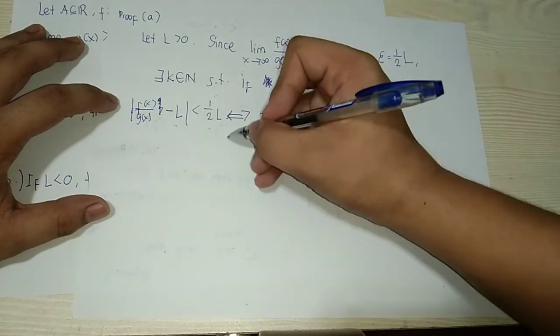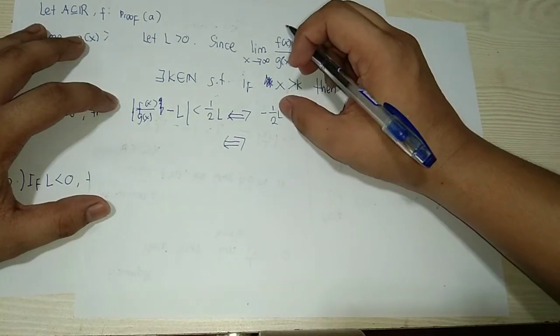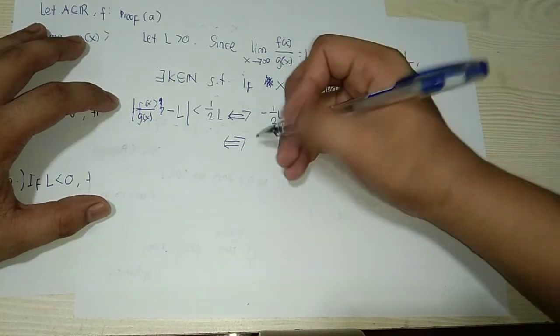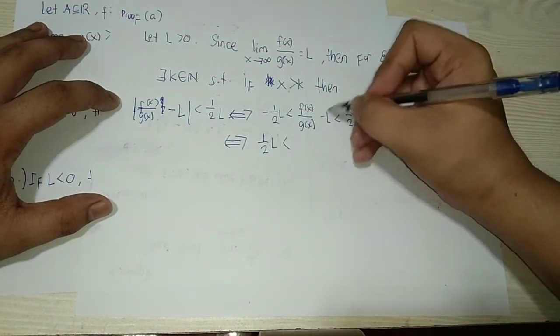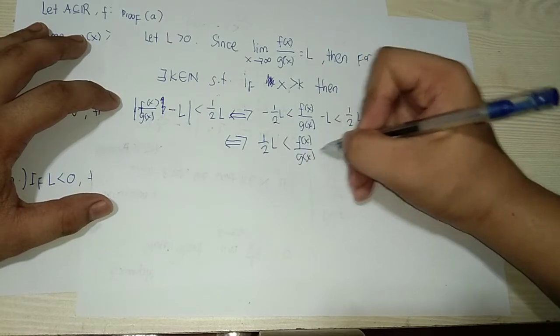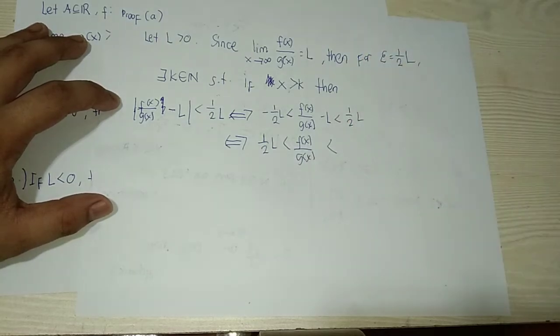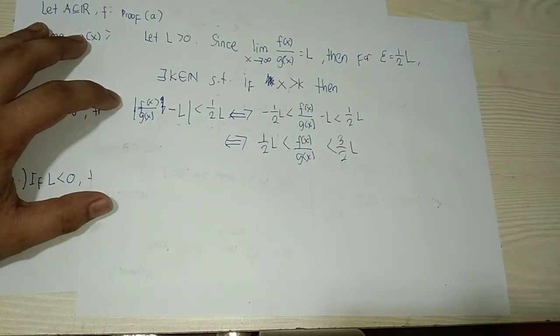L plus negative 1/2 L is 1/2 L. The negative L cancels out, leaving f of x over g of x. And 1/2 L plus L becomes 3 over 2 L.